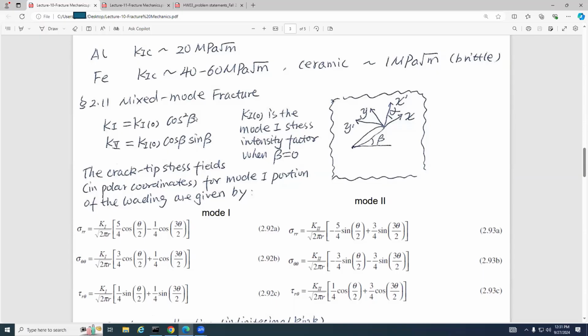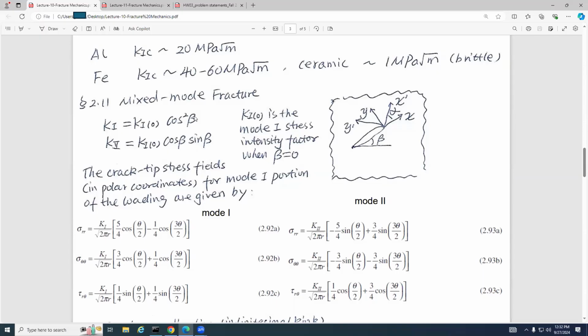KIO is the mode 1 stress intensity factor when beta equals 0. So we have K1 equals KIO cosine beta squared, and K2 equals KIO cosine beta sine beta. And why do we have K2 here? Because of this orientation.